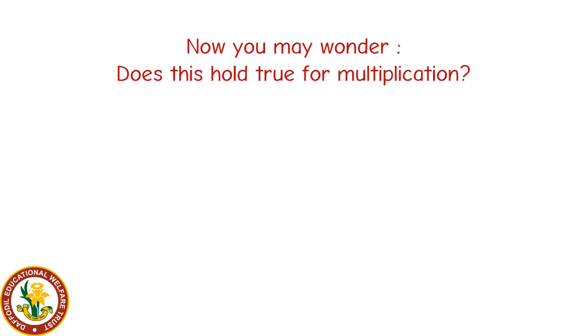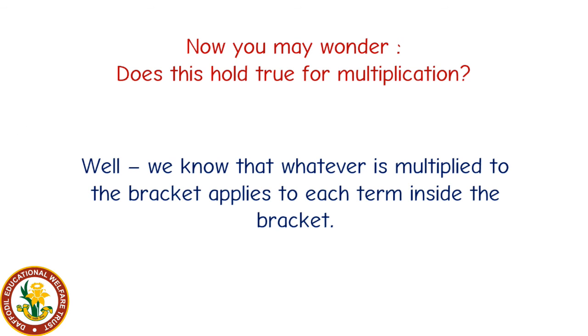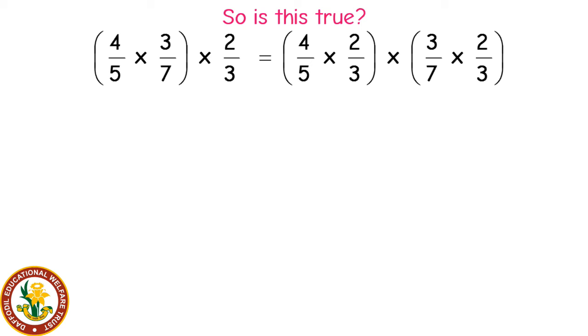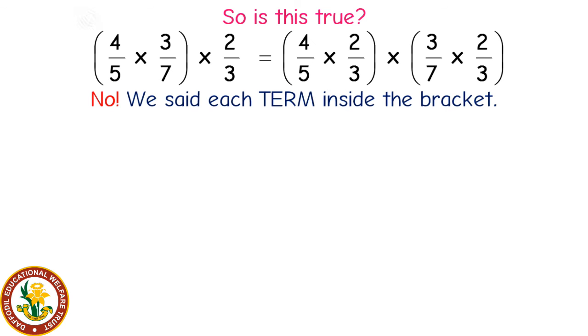Now, you may wonder, does this hold true for multiplication? Well, we know that whatever is multiplied to the bracket applies to each term inside the bracket. So, is this true? 4 upon 5 multiplied by 3 upon 7, into brackets, multiplied by 2 upon 3 is equal to 4 upon 5 multiplied by 2 upon 3, into brackets, multiplied by 3 upon 7 multiplied by 2 upon 3, into brackets?